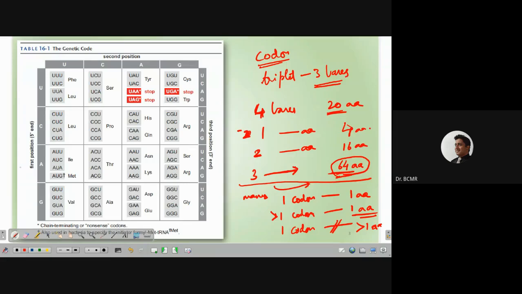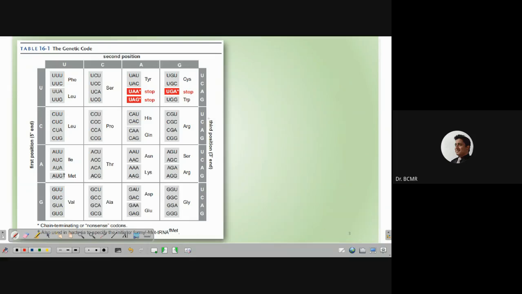So this is the first position, this is the second position, and this is the third position. I'll try to redo this.